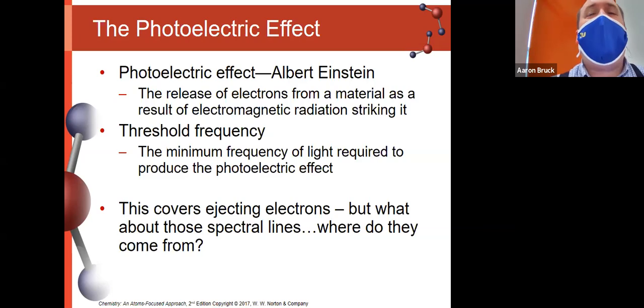And then what we saw in the others, the green light, the blue light, is that those higher frequency, lower wavelength, higher energy, they ejected electrons as well. But not only did they eject electrons, they ejected electrons with higher energy.